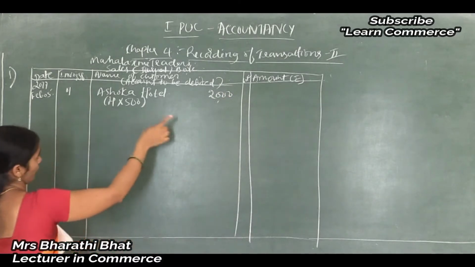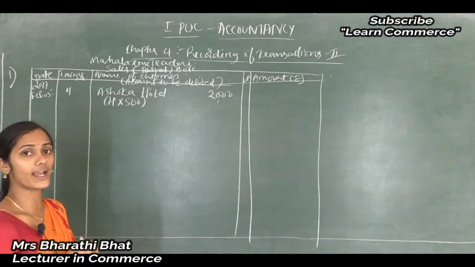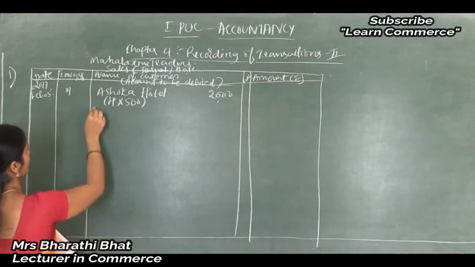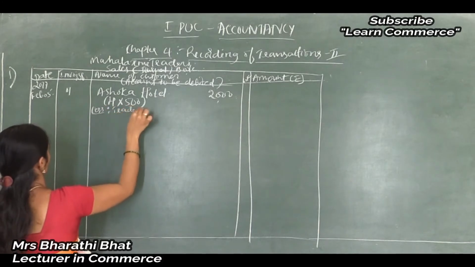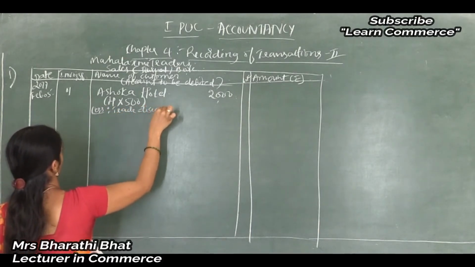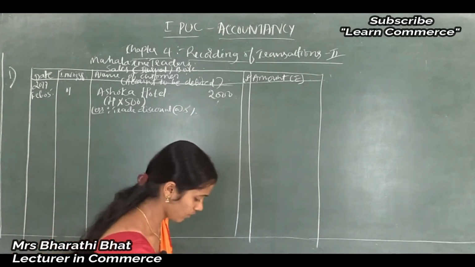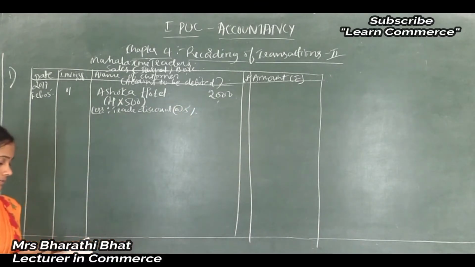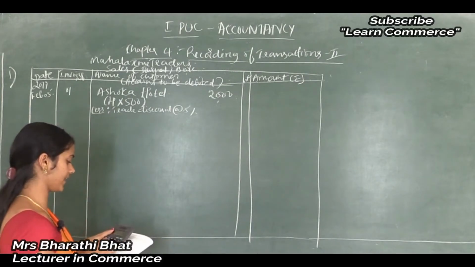And next you have to write the amount in the inner column. Why? Because of trade discount. You need to calculate trade discount here. So less trade discount at 5%. So 2000 into 5 by 100.